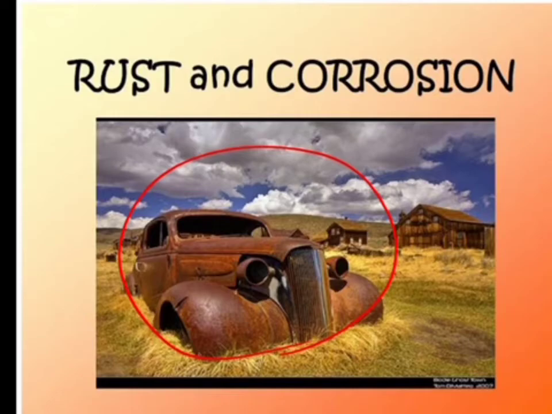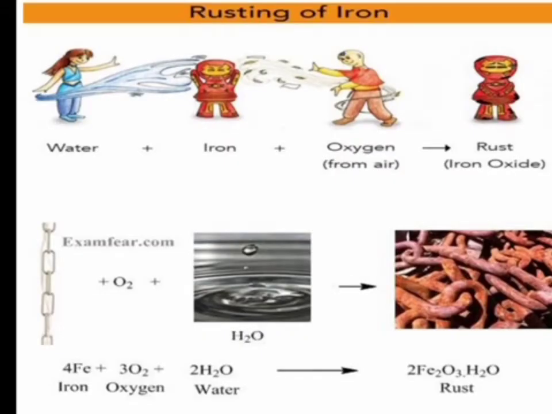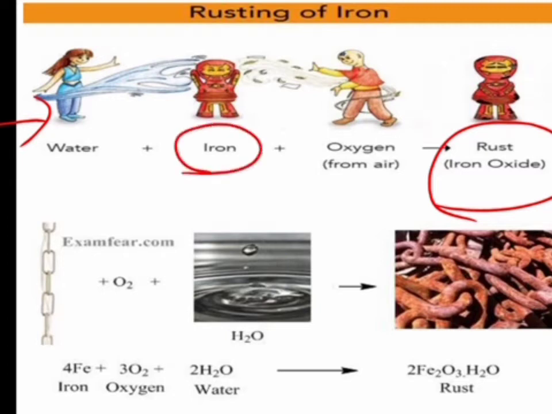Now come to the next slide, which shows a chemical reaction. This reaction shows how iron oxide or rust is formed. First one is the diagrammatic representation here. When the iron comes in contact with water and oxygen, it gets converted into rust or iron oxide.